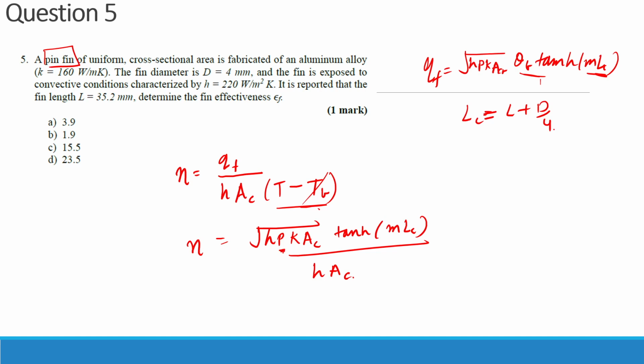So yes, the perimeter, since a pin fin is nothing but a small cylindrical fin, will be 2 pi r. I am just calculating this ratio: 2 pi r into h into k, the cross-sectional area is pi r square, upon h into pi r square.